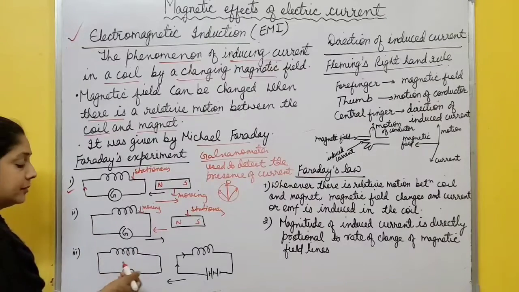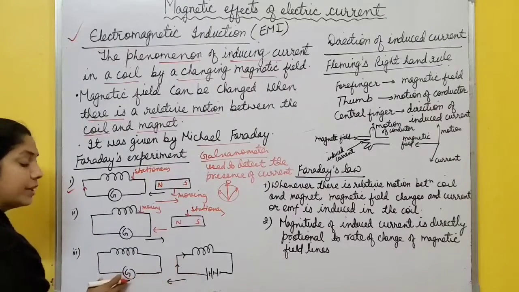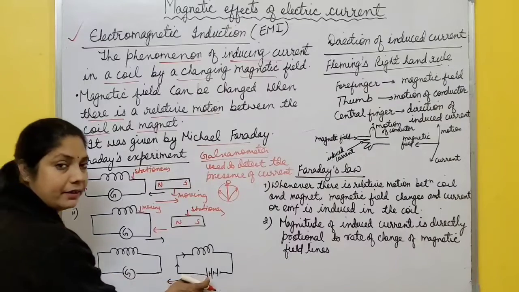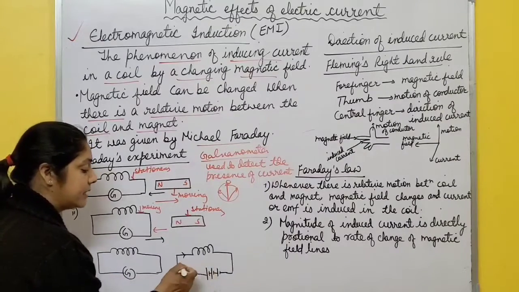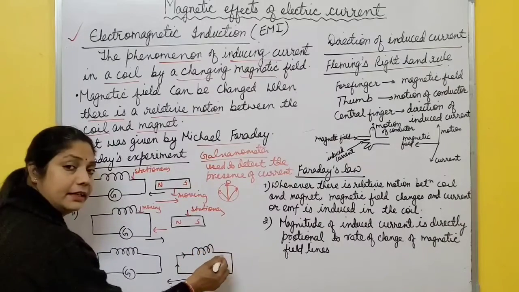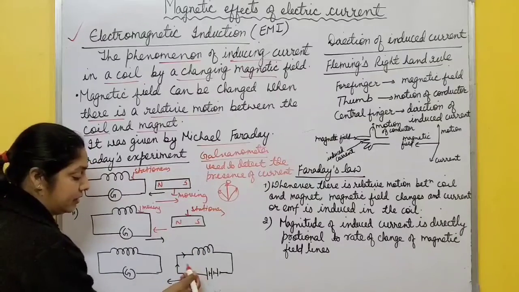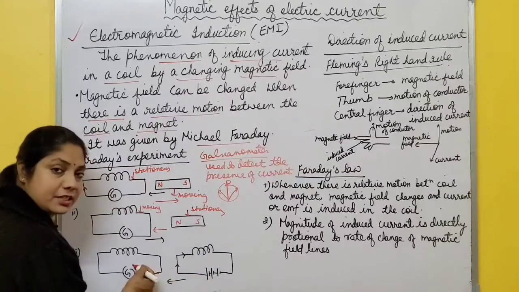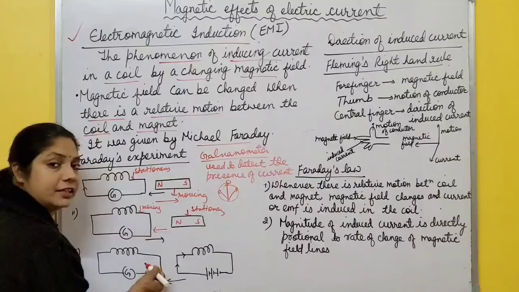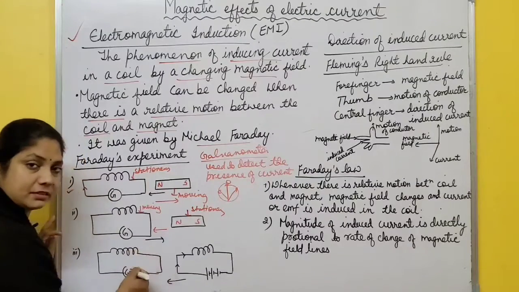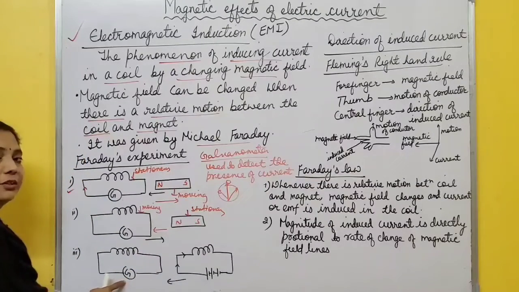Now in the third one, suppose there are two coils. In one coil a galvanometer is connected and in the other coil a battery is connected. Battery is connected means current is flowing in one coil, and due to current in one coil, a magnetic field is produced around it, and when this coil is moving towards this stationary coil, what happens? There is a change in magnetic field around this coil also, and this galvanometer shows some deflection.